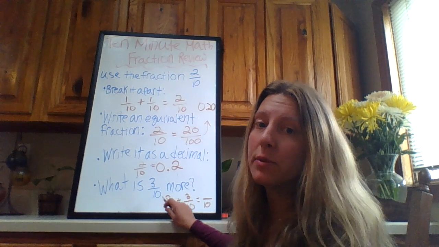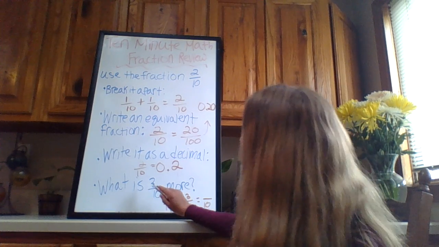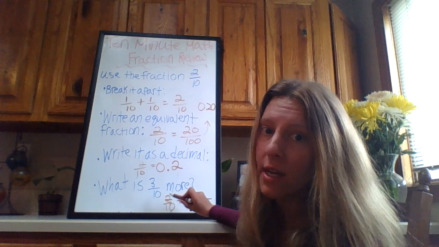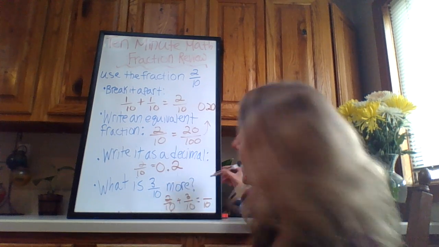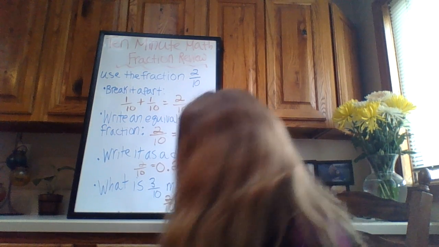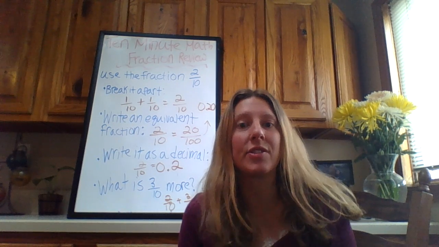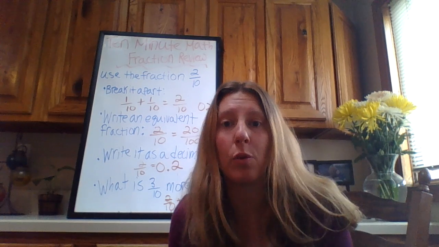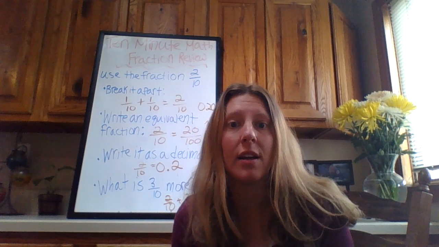So really all I'm doing here to write 3/10 more is adding 3/10 to 2/10. So 2/10 plus 3/10 would be 5/10. And then an equivalent fraction for 5/10, just to review, would be 1/2 or 50 hundredths.